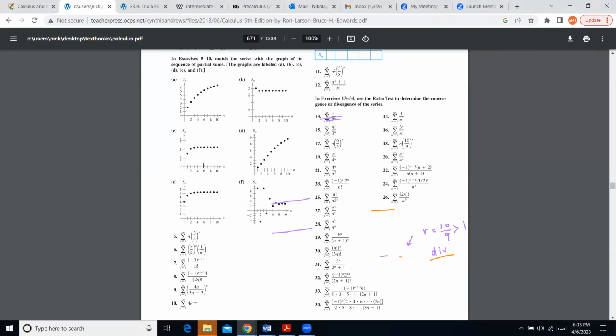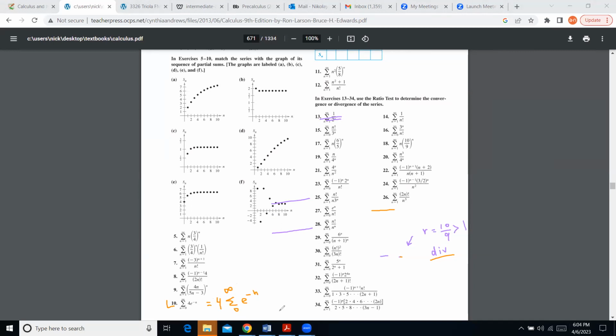How about number 10? What do you think about the divergence of the series that I could treat as 4 times something? I can take the 4 out, I don't need it here. So it's e to the power of negative n, from 0 to infinity.